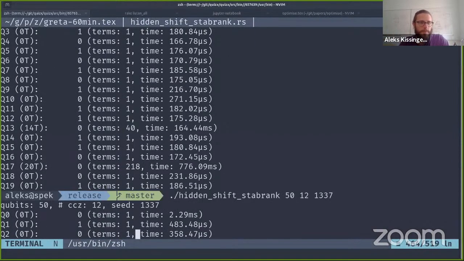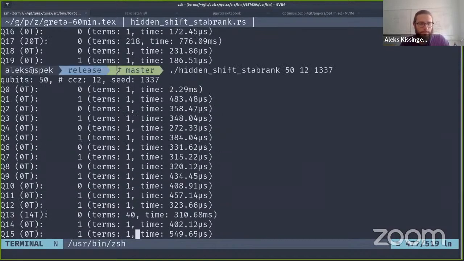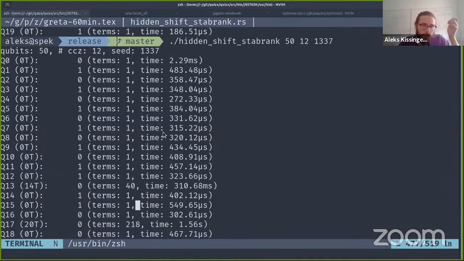If I go up to the top, each of these qubits is getting simulated, and here is the T count that I'm starting with. I form my simulation job, and then I reduce it with my simplifier, and this is the T count that I start with.